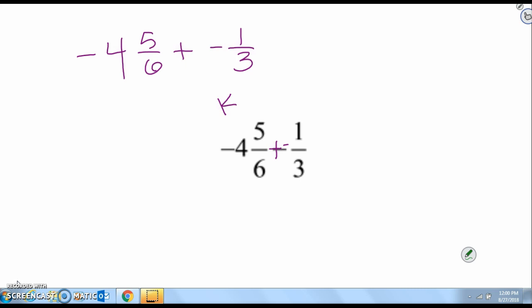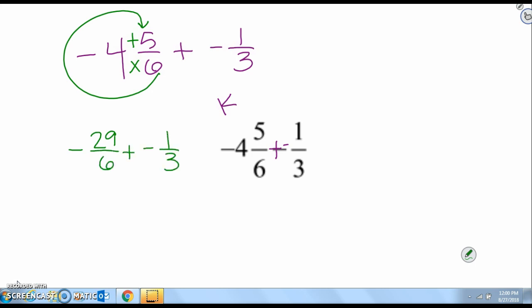I'm going to change 4 and 5/6 into an improper fraction. 6 times 4 is 24, plus 5 is going to give us negative 29/6, plus negative 1/3. My common denominator is 6. 3 times 2 is 6, 1 times 2 is 2.